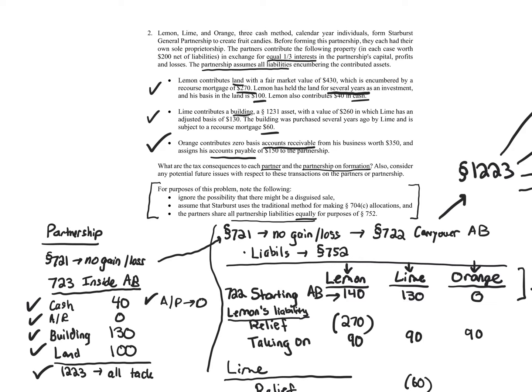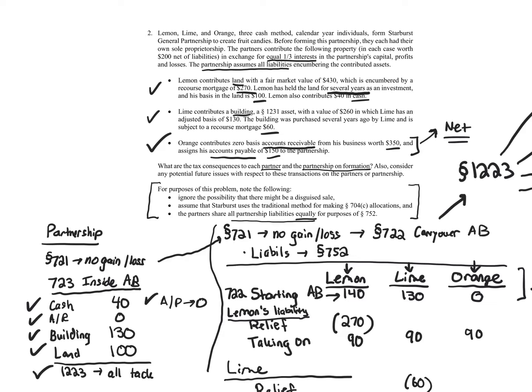Now, there's a special rule in tax. This is found in the rules for timing. If you have both accounts receivable and accounts payable, cash method, 0 basis, and you're contributing them to a business, if you contribute the 2, because the accounts receivable is greater than the accounts payable, we're able to net the 2 numbers.